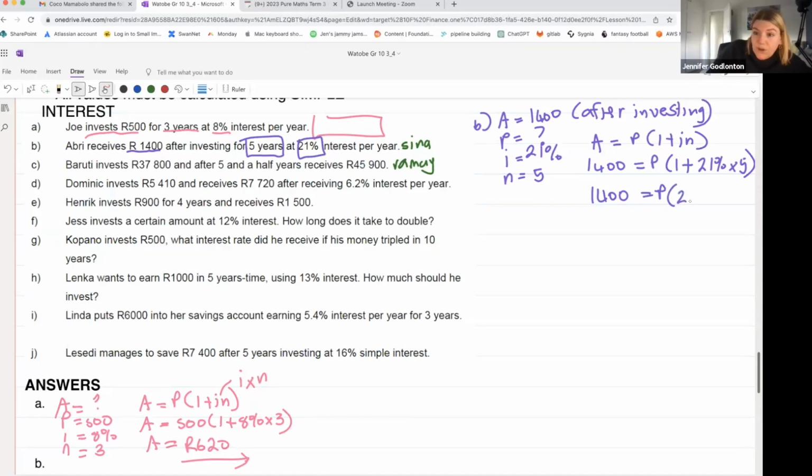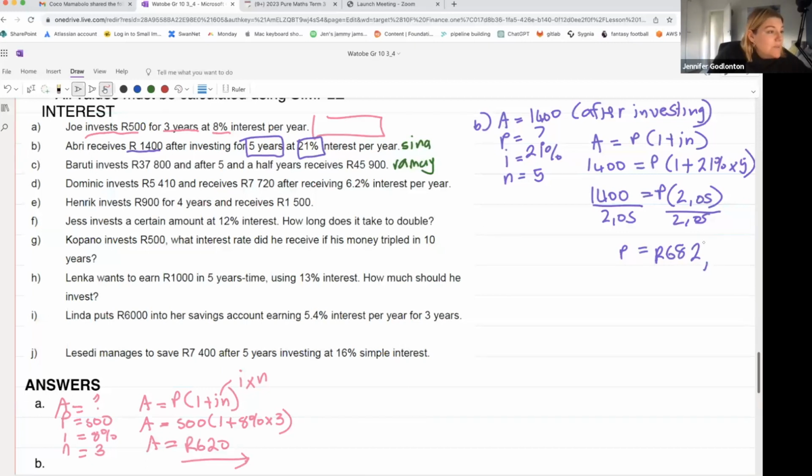Okay, so 2,05, and then we can divide both of those by 2,05. Or remember, we could have rearranged our equation if we wanted to. And 1,400 divided by 2,05 gives us 600. Ooh, look what I've done. I've forgotten my rands, guys. 682 rand. Now let's be careful with our cents.